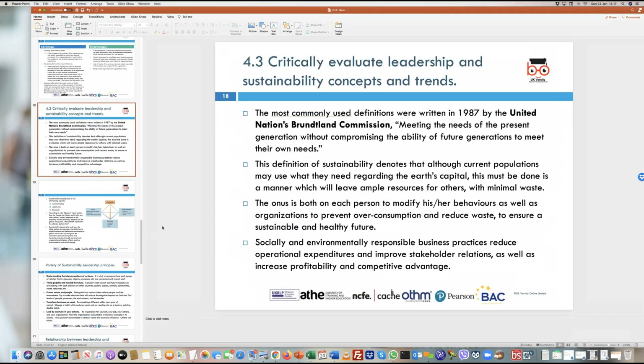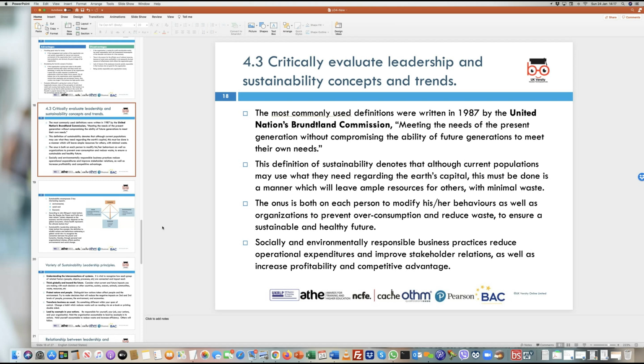Now, the last assessment criterion that we want to talk about is looking at the impact of leadership on the organization from the concept of sustainable leadership, what the trends and concepts are which are now widely accepted, and how this is put into practice in organizations.